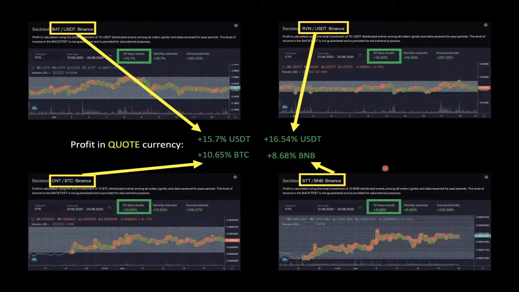So if you are satisfied with these metrics, more or less, you can base your expectations on them. It doesn't mean that in the future, like in the next month, you will get the same results. No, that doesn't work like that. That's backtesting. It's based on statistical results, based on the historical prices. So past results do not guarantee future results, but you can use these metrics to at least get an understanding of what the return would be.